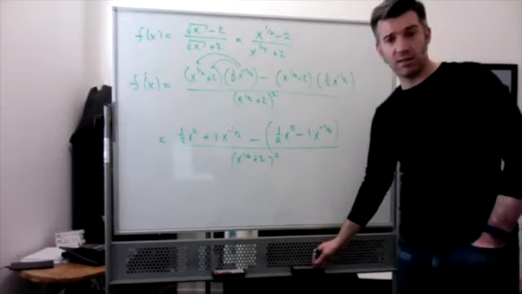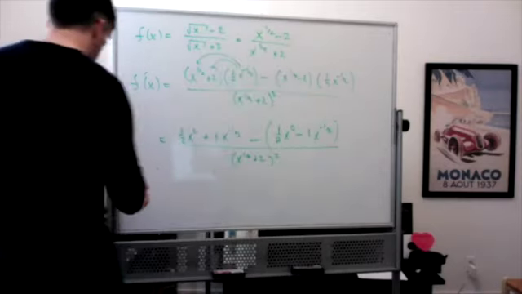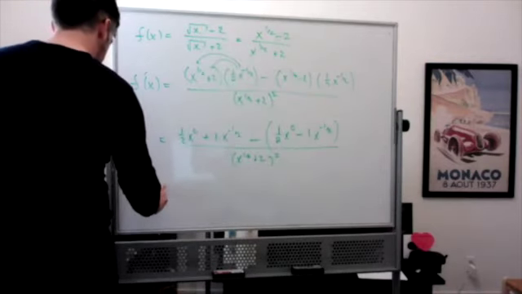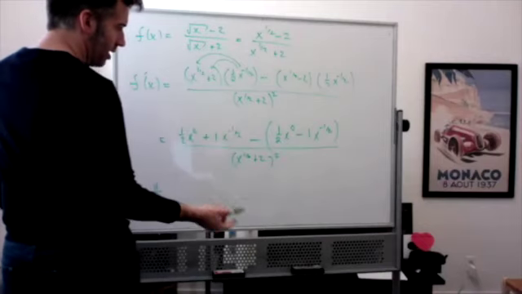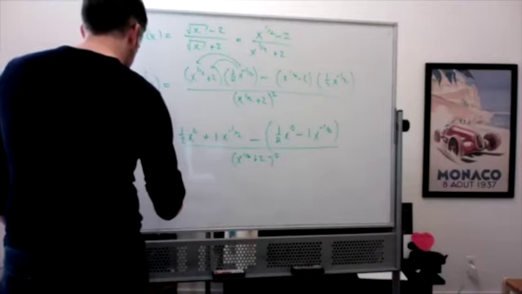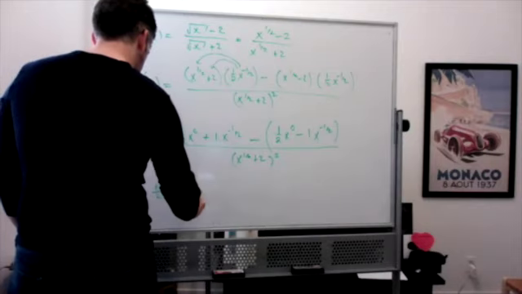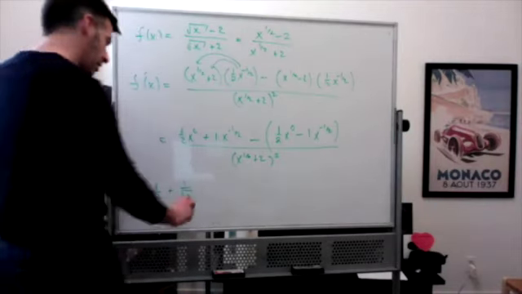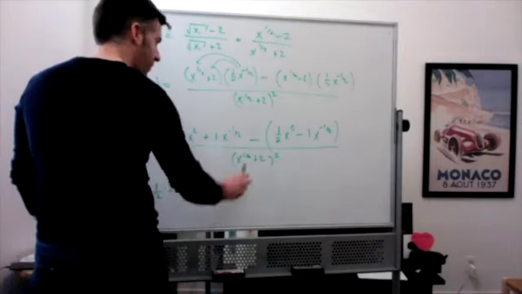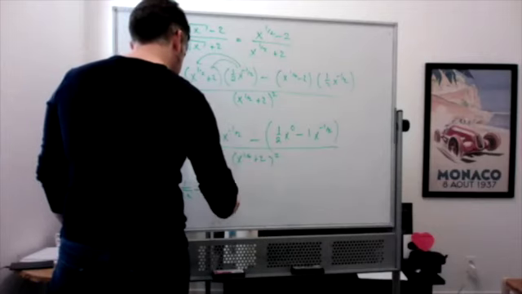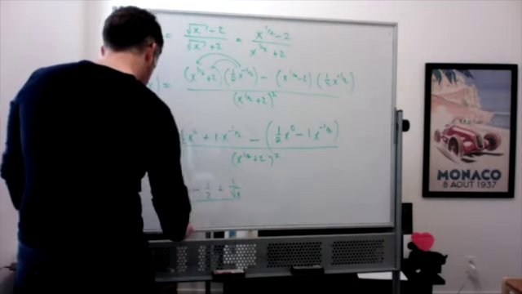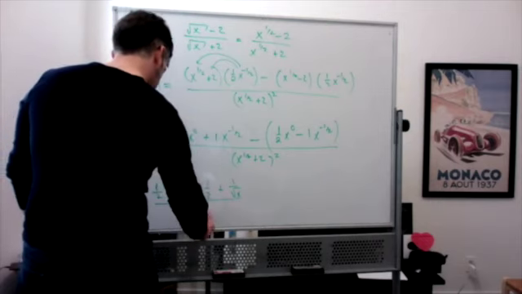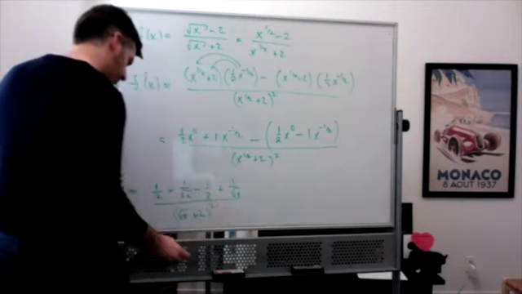So simplifying this a lot, x to the 0 is 1. So I get 1/2 times 1 plus 1 x to the negative 1/2. I could write that as 1 over the square root of x if I really wanted to, minus 1/2, and minus a minus is plus 1 over the square root of x, all over the square root of x plus 2 squared.